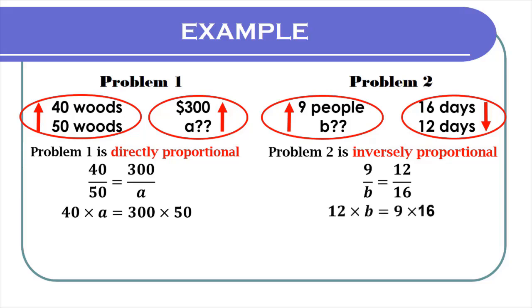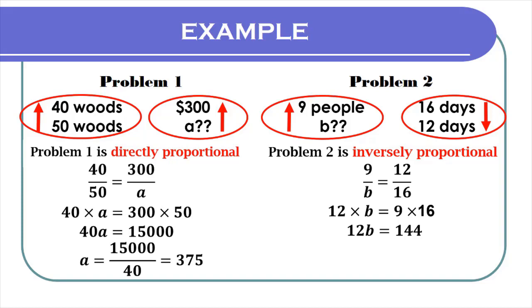And then the next step is the same, which is cross multiplication. So for the first problem, you have 40a is equal to 300 times 50. For the second problem, you have 12b is equal to 9 times 16.